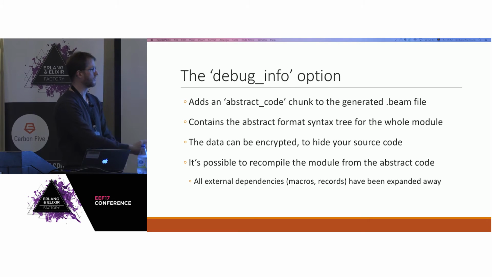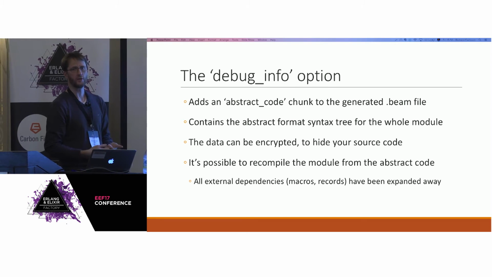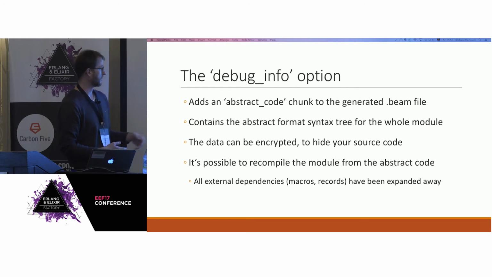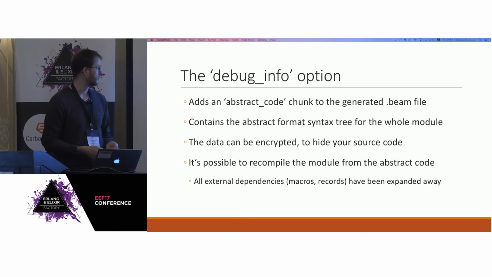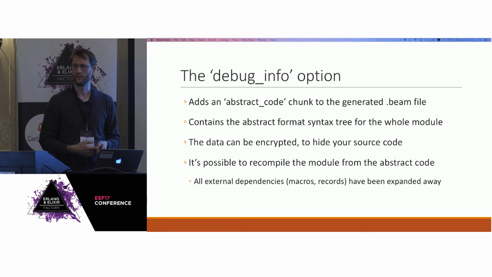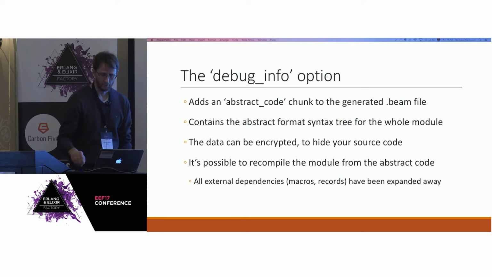One fun thing is that it's possible to extract this abstract code and recompile it to regenerate the beam file, because all the external dependencies like included files, macros, records, that's all expanded away. You can just give it back to the compiler and generate a new beam file, possibly after some fixes if you need.